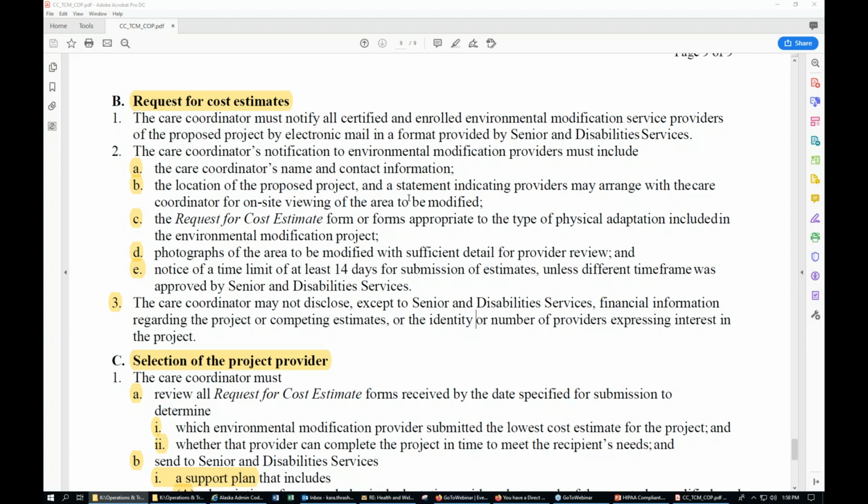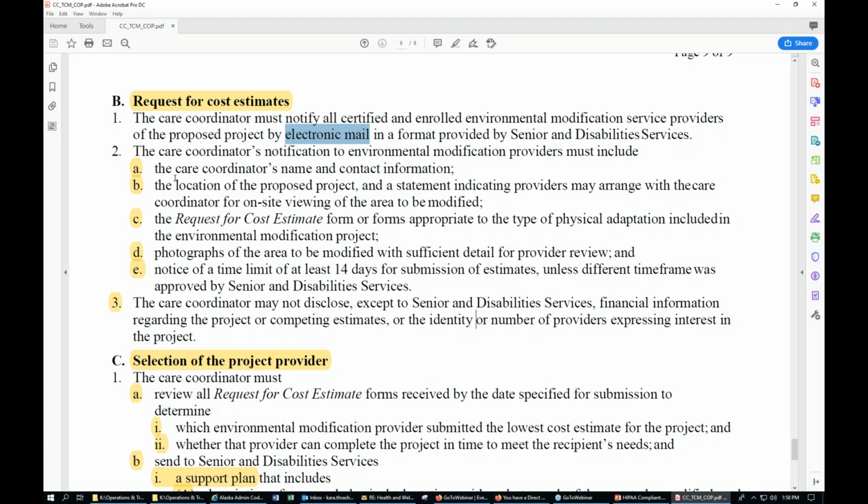So request for cost estimates. It says right here, you notify all certified and enrolled EMOD providers by electronic mail in a format provided by SDS. So the format is the form, the cost estimate form. Electronic mail is going to be your DSM. And so because of this list, let's review it.